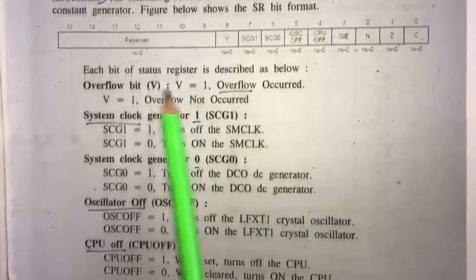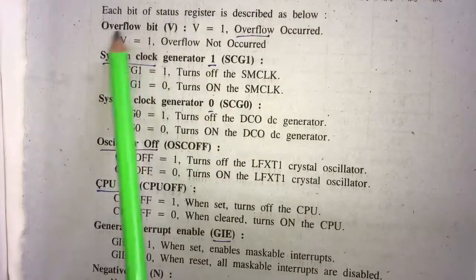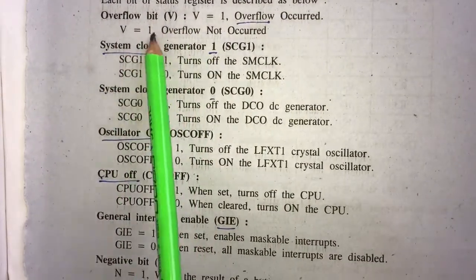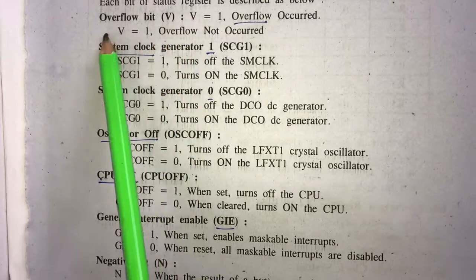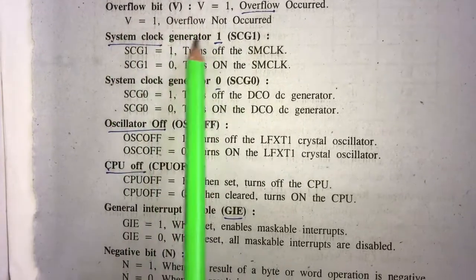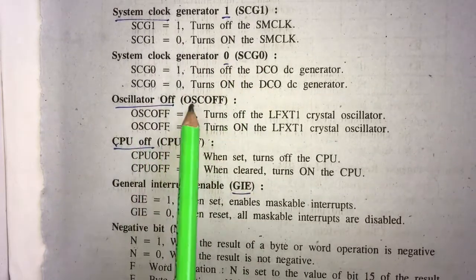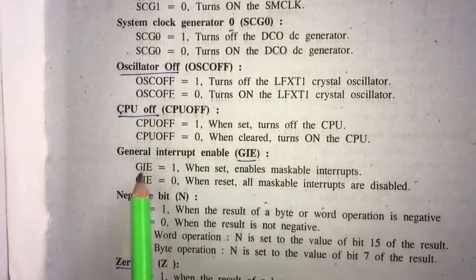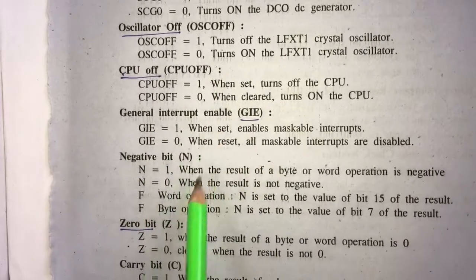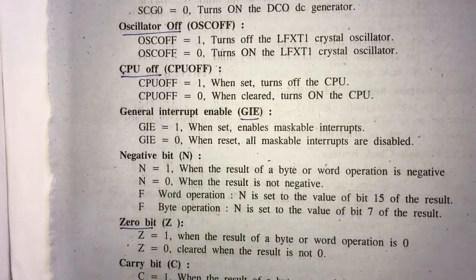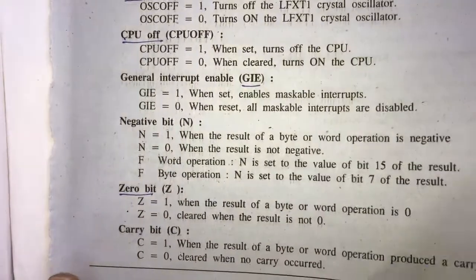And it has different status bits: overflow bit, just like we have overflow flag and sign flag, system clock generator SCG1, SCG0, oscillator off OSC off, CPU off, general interrupt enable, negative bit, zero bit, carry bit, just like our flags.